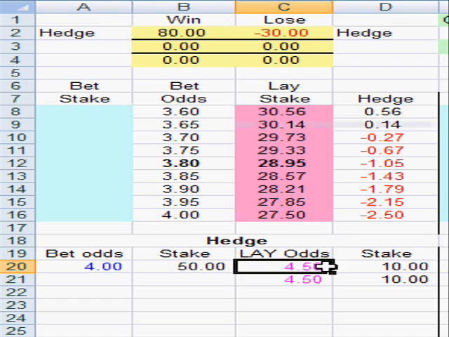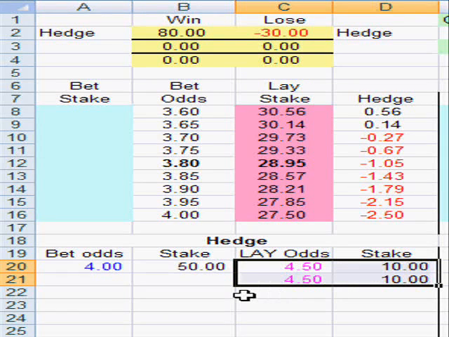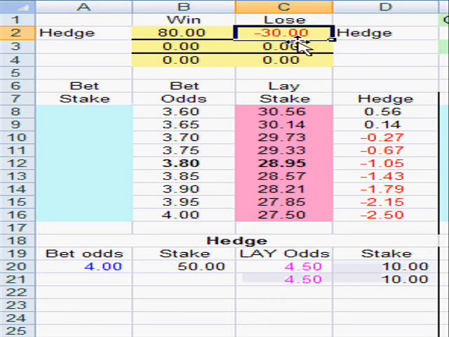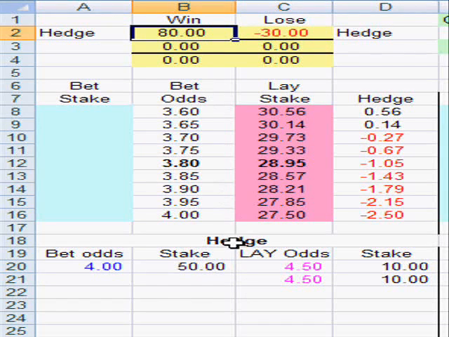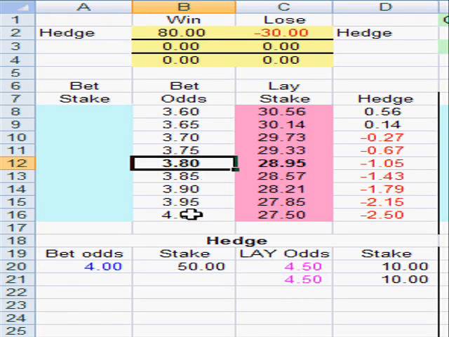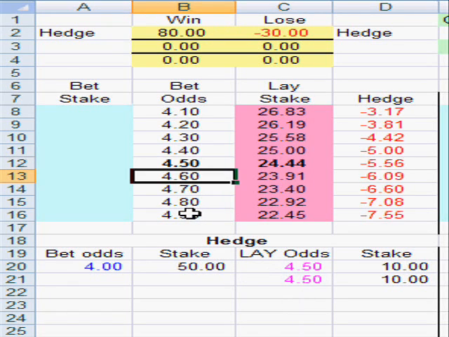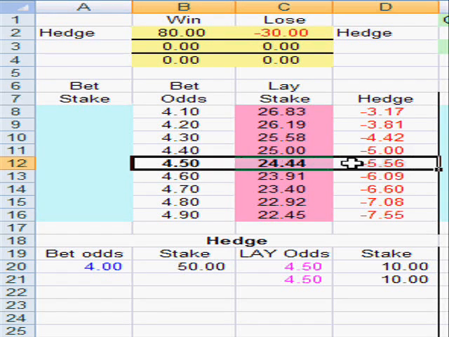So the only advantage of placing some lays at unfavourable odds is that we're reducing our potential loss, but that also reduces our winnings as well, of course. Now whilst the current odds remain at 4.5, if we had to trade out at 4.5, we've done absolutely nothing whatsoever to reduce that potential loss.